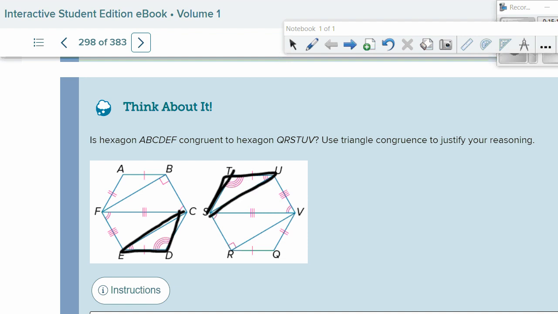This one here is congruent to this guy here by side angle side. So you can go all the way around and do all that. Okay. All right. But moving on.